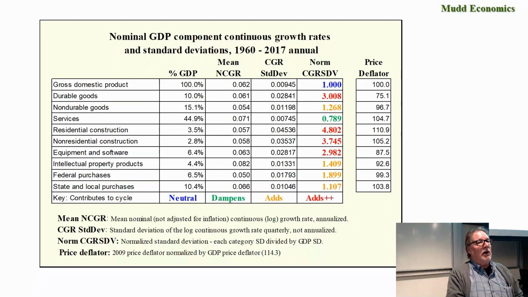And this will allow us to conclude, after we do it for the 2019 data, that these categories like consumer durable goods, residential and non-residential construction, and equipment and software purchases are the biggest contributors to economic cycles in the United States, and our expenditures for services like medical services are the most dampening parts of the business cycle and tend to mute or mitigate the effect of the business cycle in the United States.